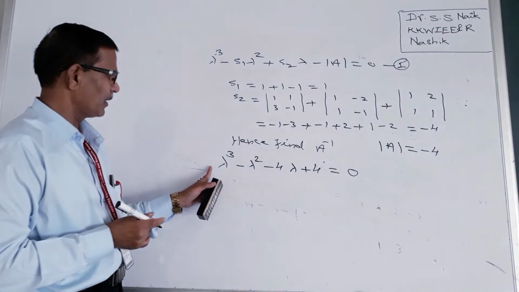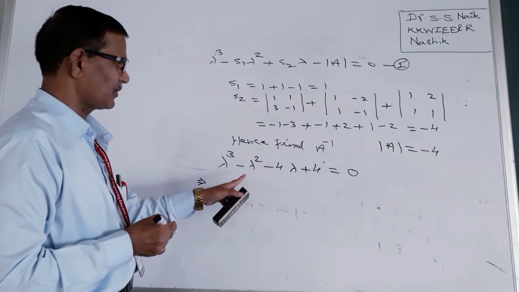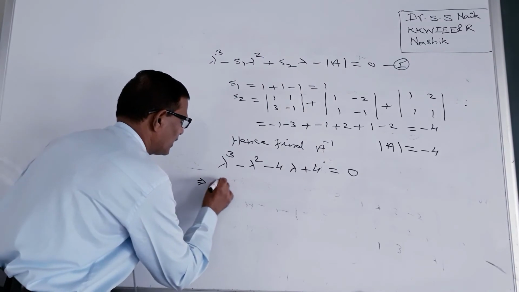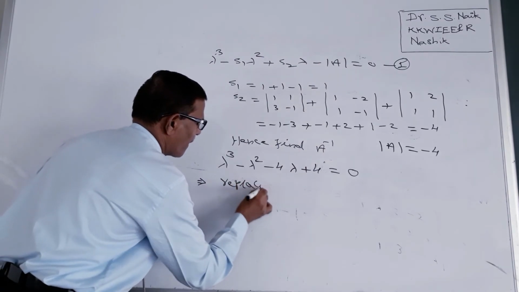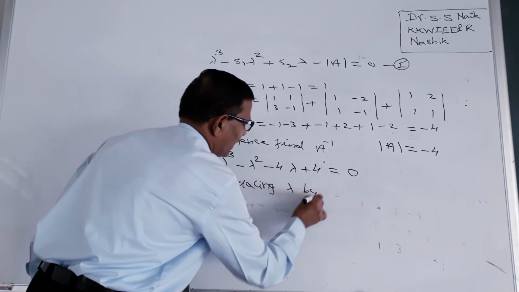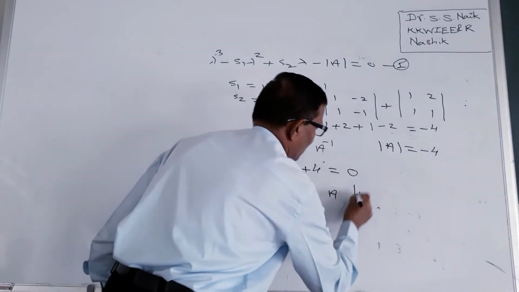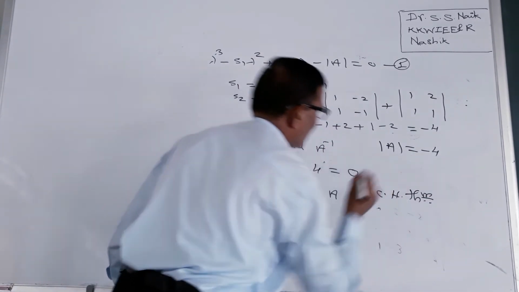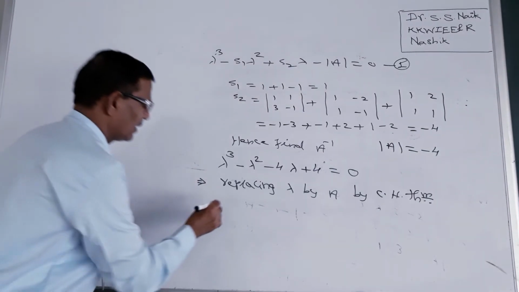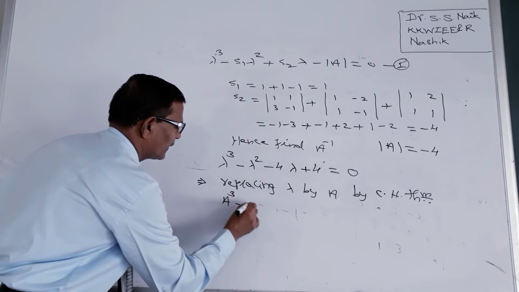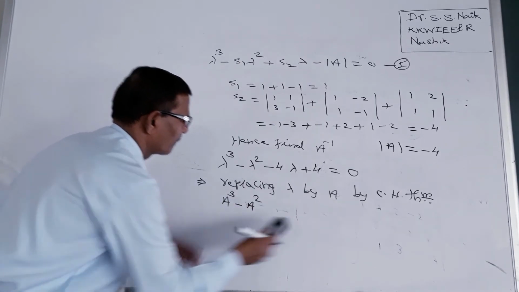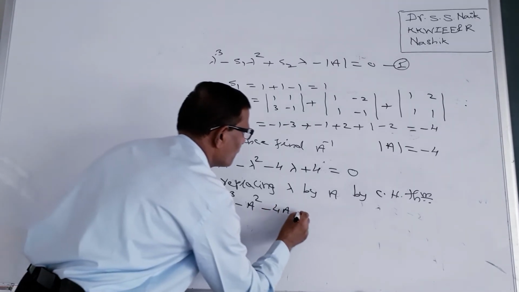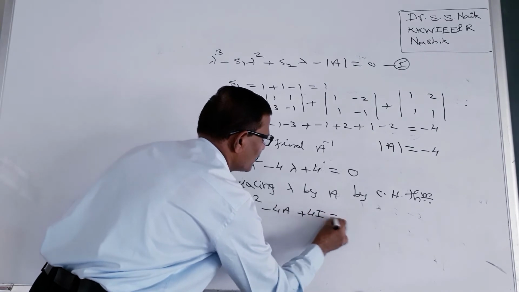Now, from this given matrix, we will have to apply the Cayley-Hamilton theorem. That means replacing lambda by A. By the CH theorem, meaning Cayley-Hamilton theorem, what you get is A cube minus A square minus 4A plus 4I is equal to 0.